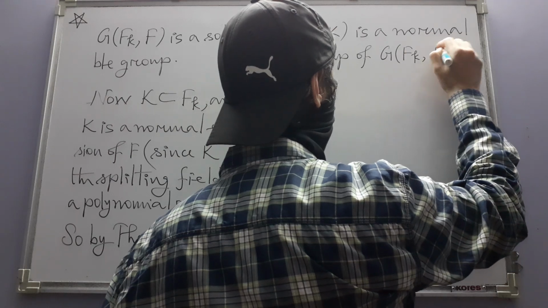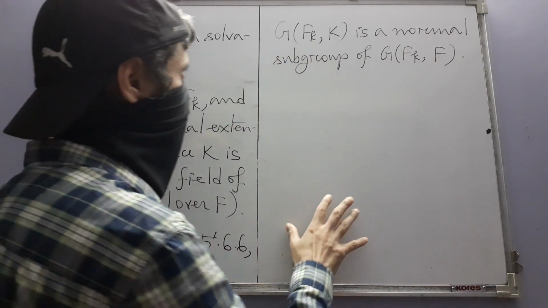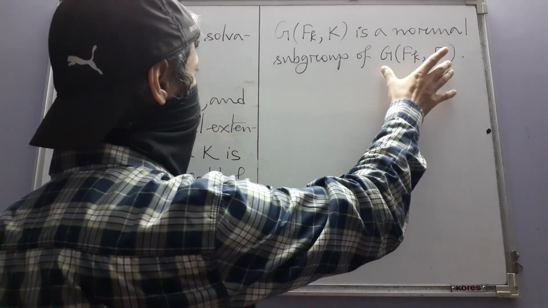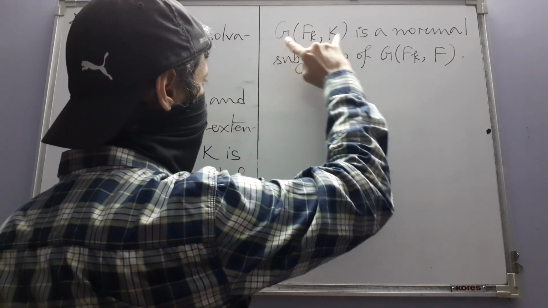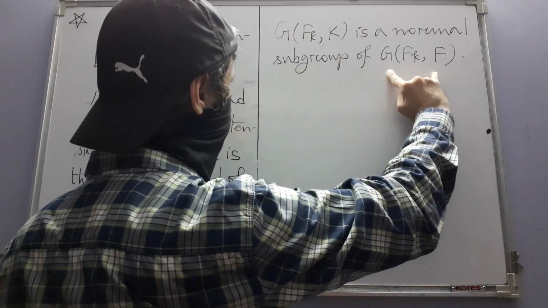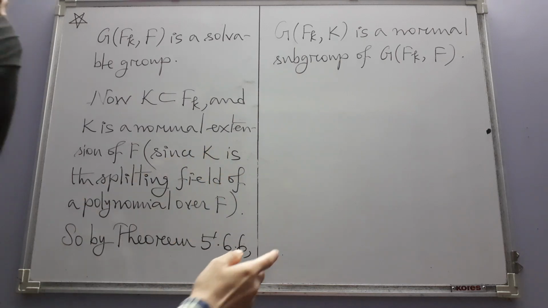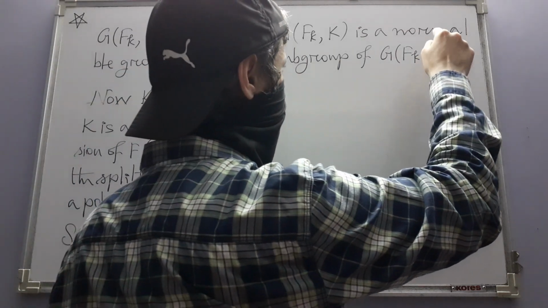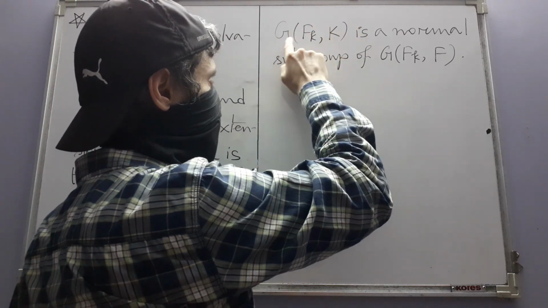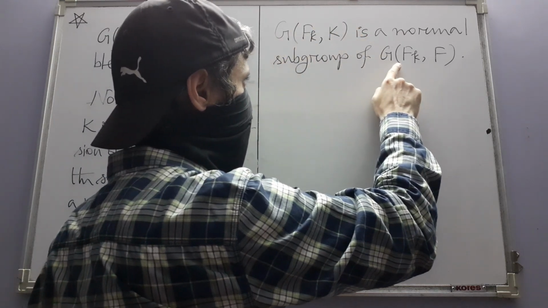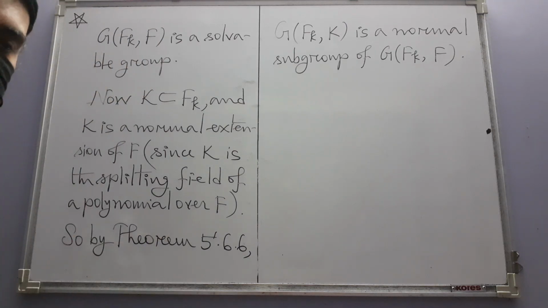No, this is not true. It should be like this. It does not make sense for this to be a subgroup of this. This should be a subgroup of this, because we have just seen that when F is contained in K, then the group of automorphisms fixing K should be contained in the group of automorphisms fixing F. The containment gets opposite.